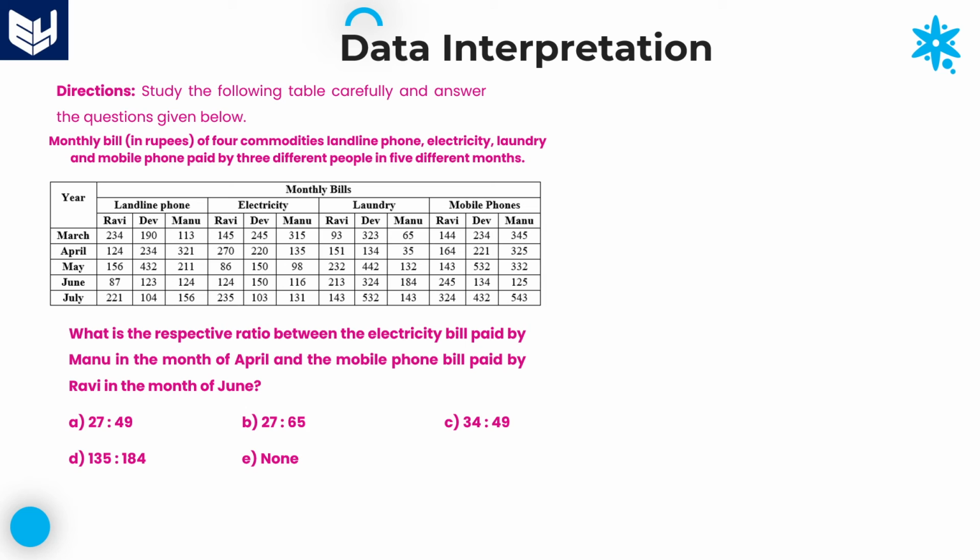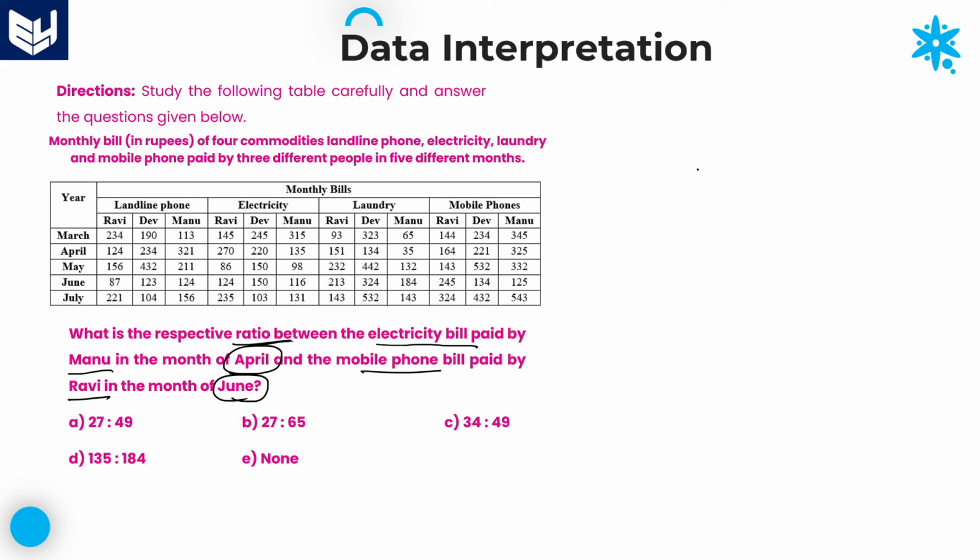Last question in this session. See here, the information is: what is the respective ratio between the electricity bill paid by Manu in the month of April and the mobile phone bill paid by Ravi in the month of June?